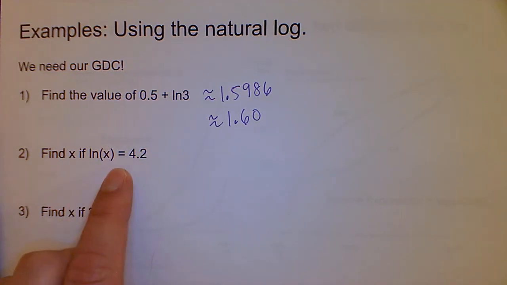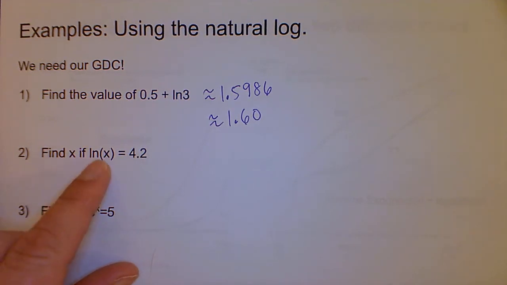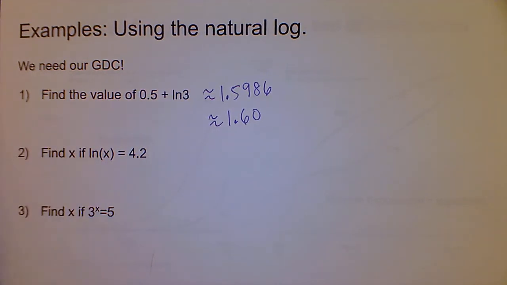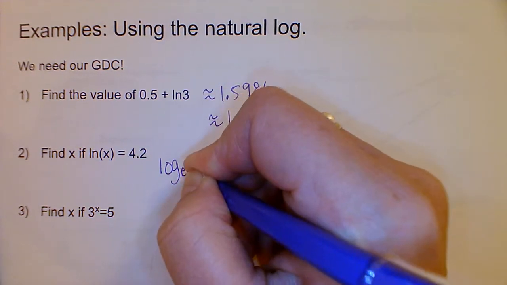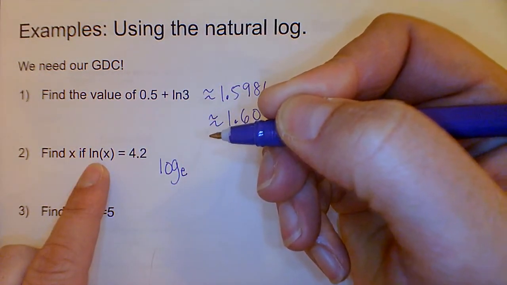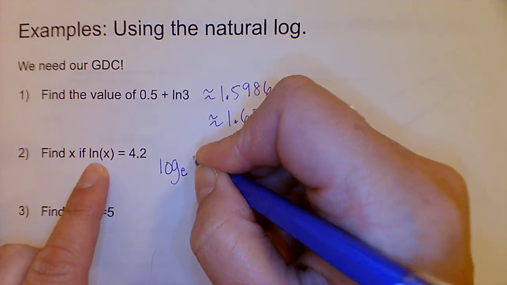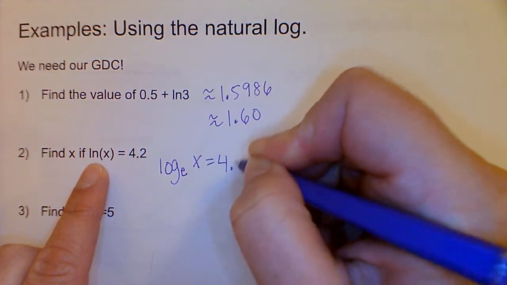Now, find x if the natural log of x equals 4.2. So what we're going to need to do here is exchange our natural log for, you guessed it, log base e. So we're going backwards. So log base e of x equals 4.2.